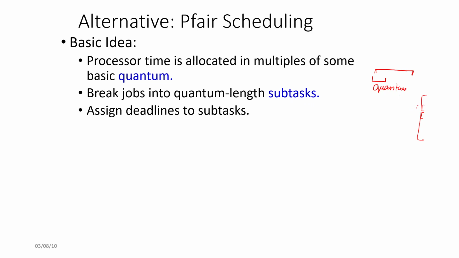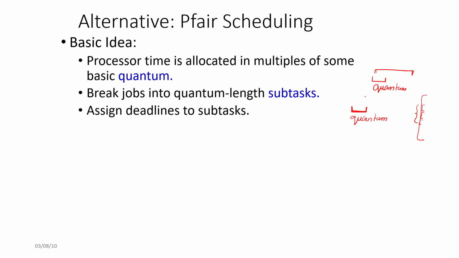Of course, consecutive subtasks can be scheduled one after the other, no issues in that. But our main thing is we consider a unit of time which is atomic, indestructible. We call that a quantum and we divide a task into subtasks. For each task, a subtask's execution time is a quantum, and that becomes our basic unit of scheduling.